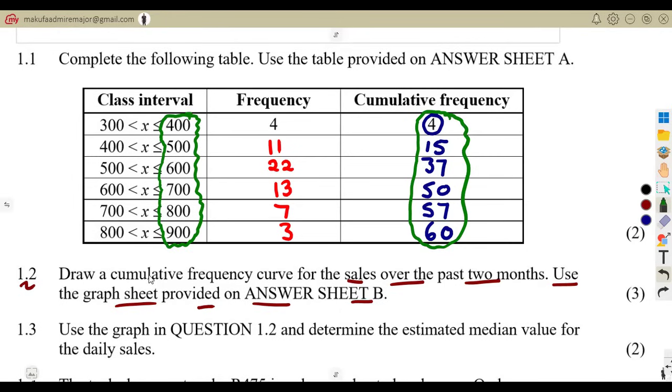This is what we need to draw our cumulative frequency curve, which is the ogive. And as we draw this curve, we are going to notice that the starting point 400 corresponds with 4, meaning our graph is not starting from the 0 point.